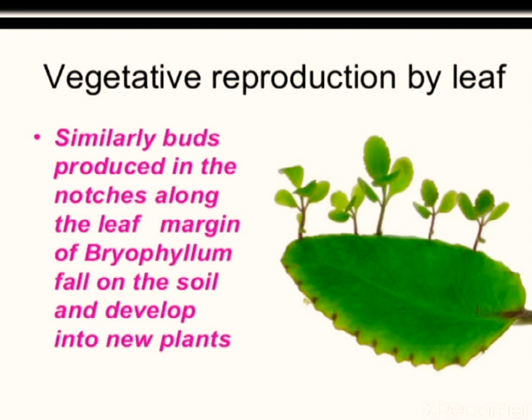The vegetative propagation takes place by adventitious buds on leaves, and the buds usually remain dormant. But under favorable conditions, when leaves fall on the ground, these buds develop into small plantlets. Small plants grow on them. These plantlets then get separated from the plant, and they grow into a new plant independently.